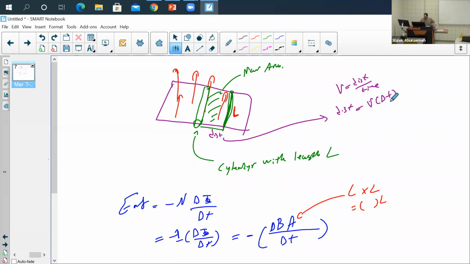So this distance over here is going to equal to v delta t, multiplied by this length over here.